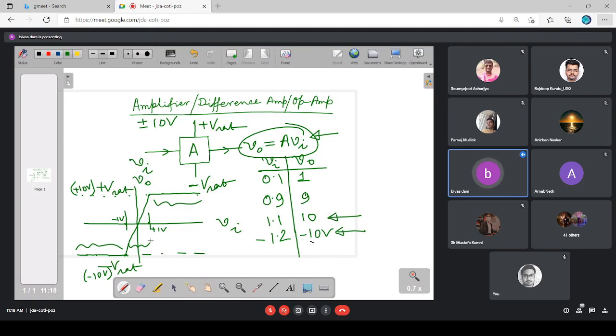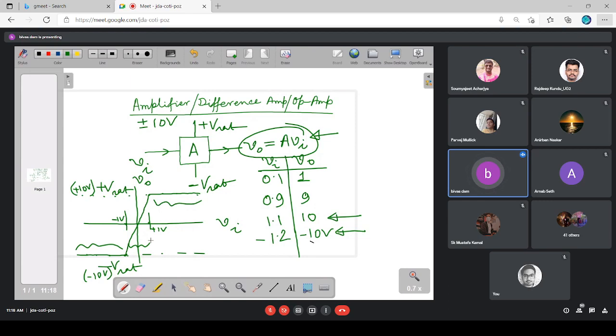If the input voltage goes beyond that linear region, the amplifier circuit will not operate as an amplifier. In that case, the output will be saturated, either plus Vsat or minus Vsat. This basic concept is essential for whatever type of amplifier you are using.